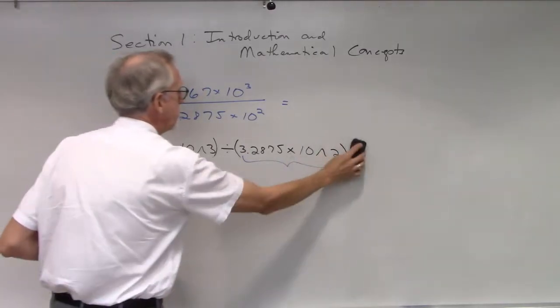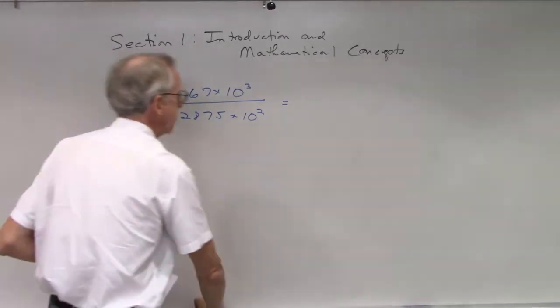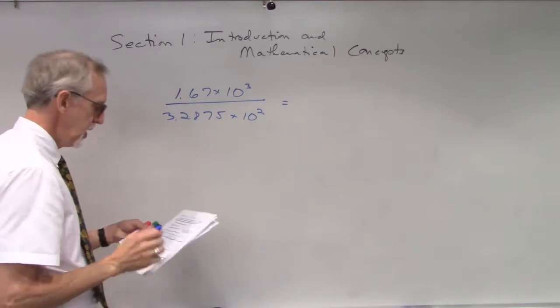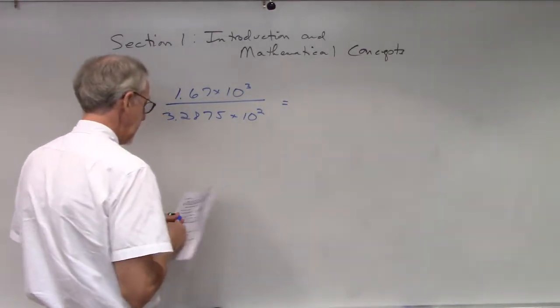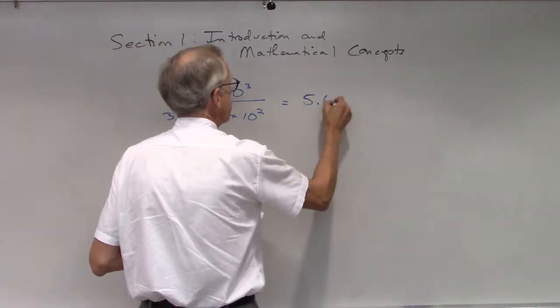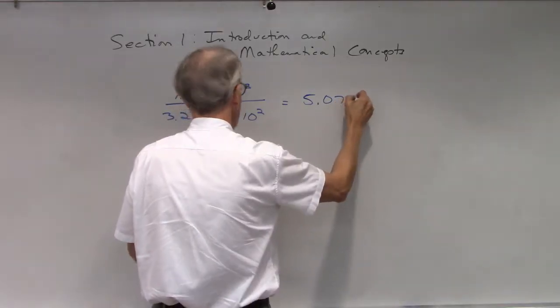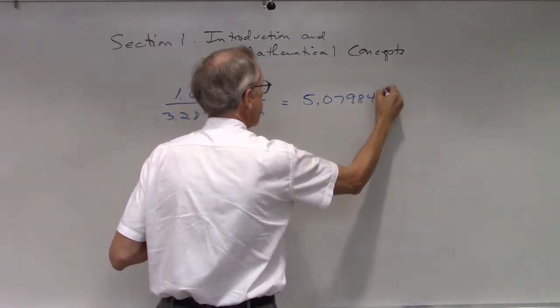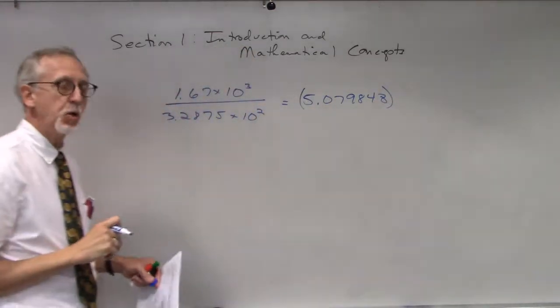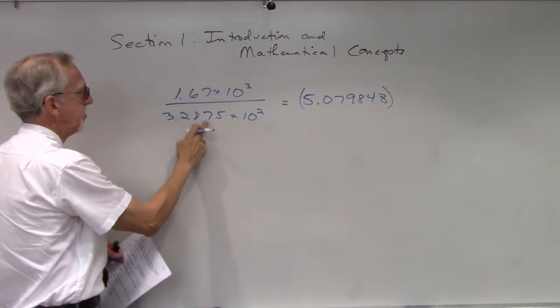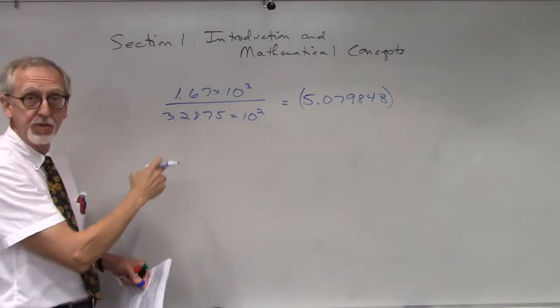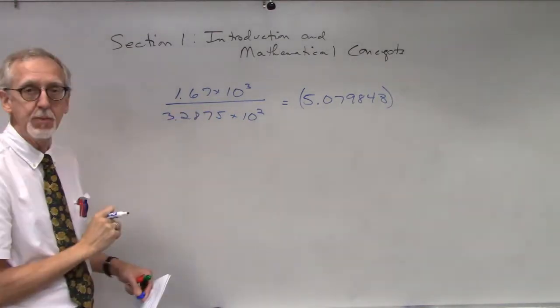Okay, so imagine you put this in correctly, and your calculator then gives you a number, and it should give you something that looks like 5.079848. How would we actually quote this? Well, we've got 3 sig figs, and 5 sig figs. Which one's fewer? 3. How many do we keep? We keep 3.